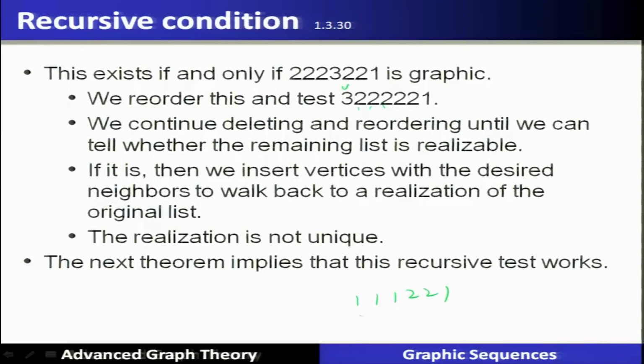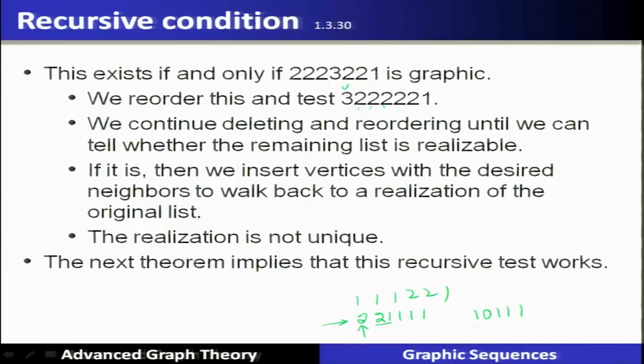If we reorder them, this becomes this sequence. Now we have to check whether this is graphic or not. So we choose this particular vertex, 2, and its 2 neighbors, and if we remove it, it will become 1, it will become 0, then 1 1 1.